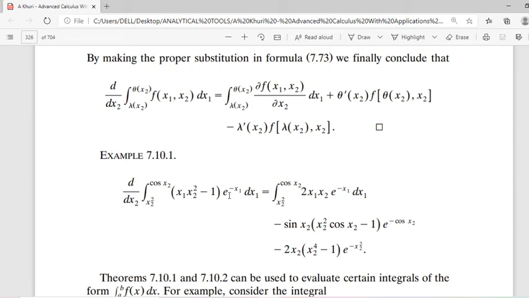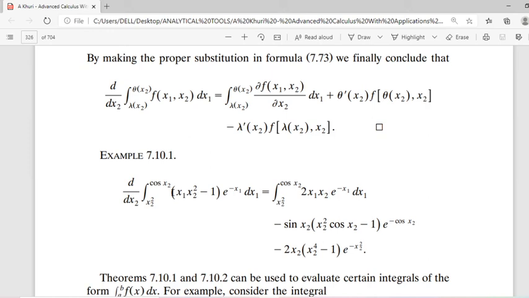Okay, so what is d by dx of the integral from x2 square to cos x2 of (x1 x2 square minus 1) into e raised to minus x1 dx1? That can be solved as, yeah, it's very simple. We can identify the f of x1 comma x2. What is f of x1 comma x2?